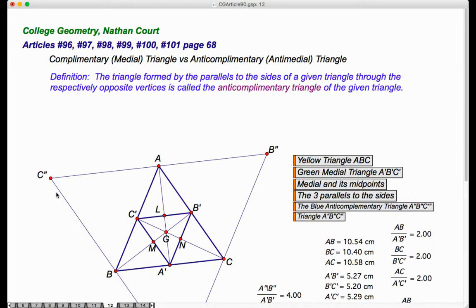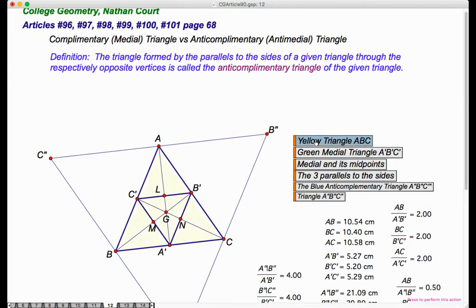Okay, this time we are trying to consider a complementary triangle versus anti-complementary triangles. Okay, so we had the yellow triangle before, and then we created the green triangle, and they are homothetic. Okay, and the ratio is 2:1.